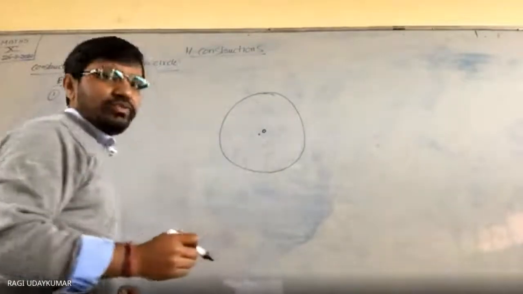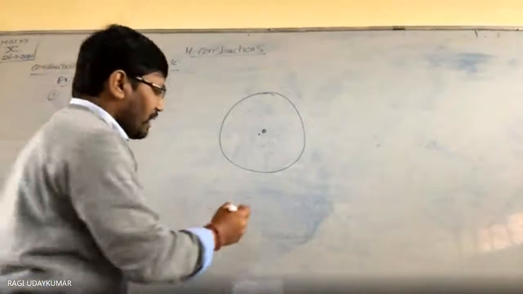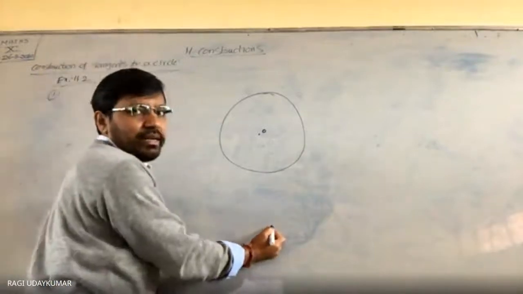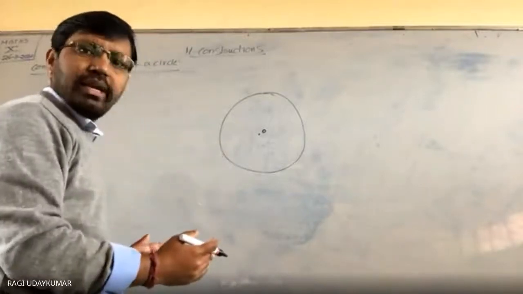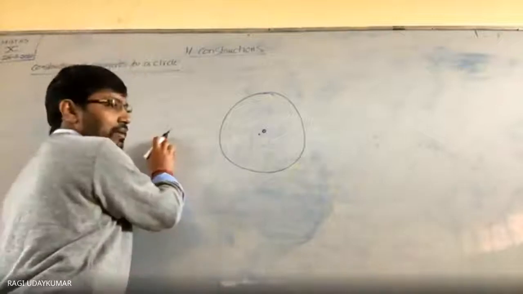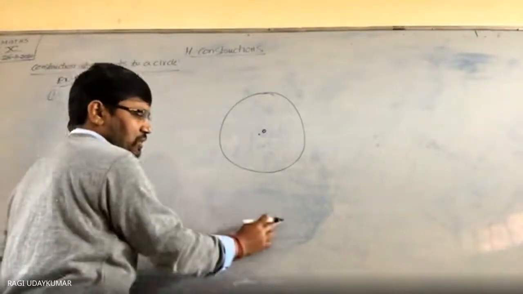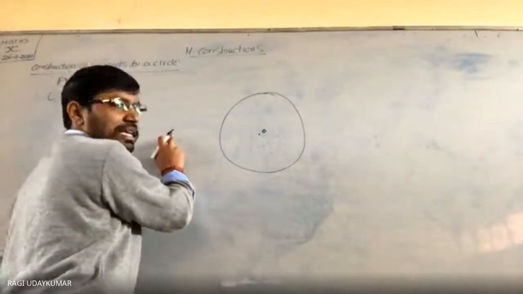If your width is less than 12 centimeters, then you can take a point below also. Because of paper size, if you take A4 size paper, based on the tangent, the exterior point need not be here only, you can take the exterior point anywhere. But I am explaining for your convenience here.